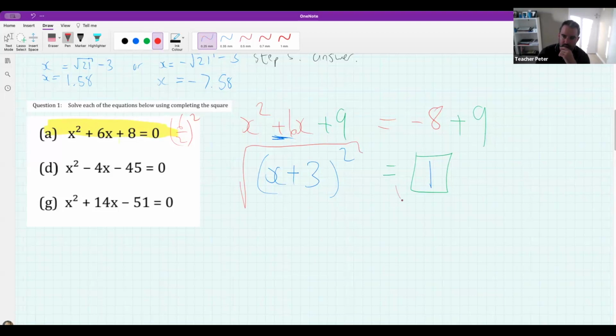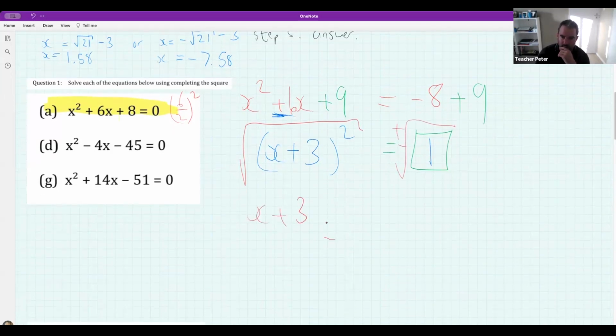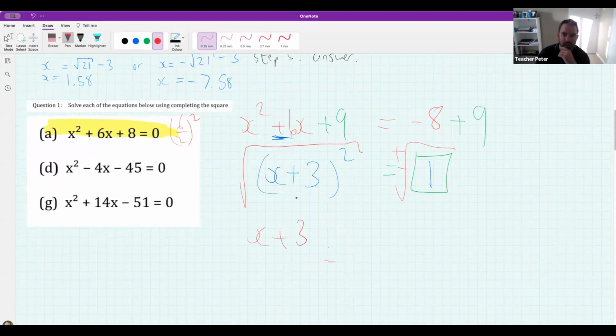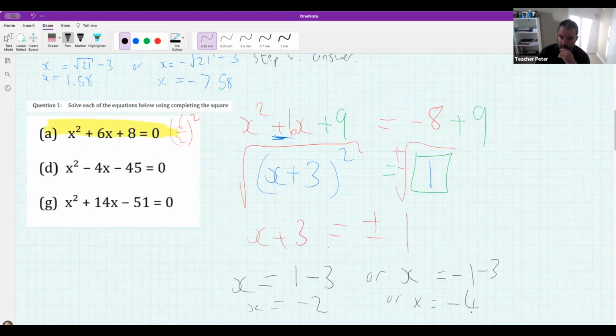I think I need to do this. So I get x plus 3. Oh, sorry. x plus 3 equals plus or minus 1. And then when I split that, I get x is 1 minus 3, or x is minus 1 minus 3. So minus 2 or minus 4.